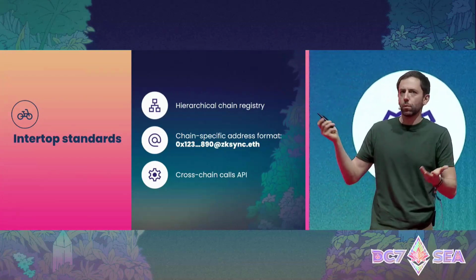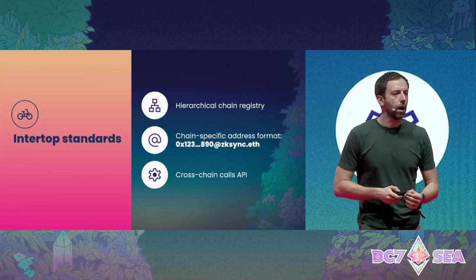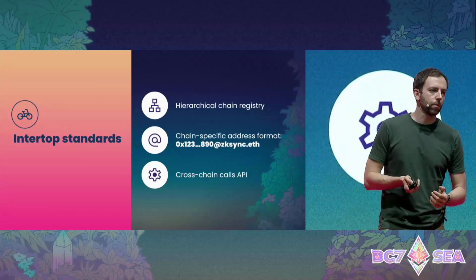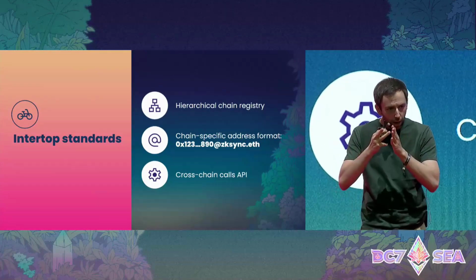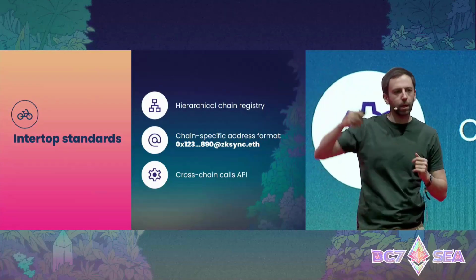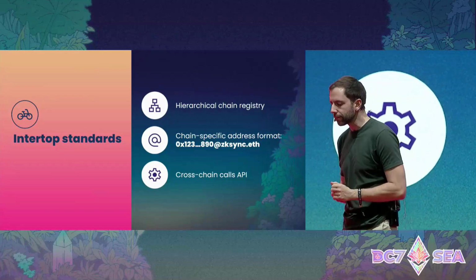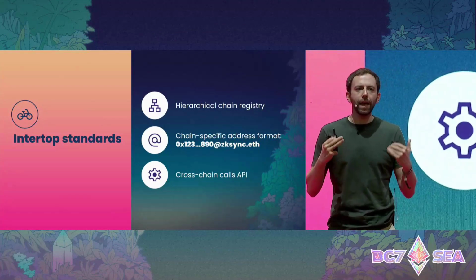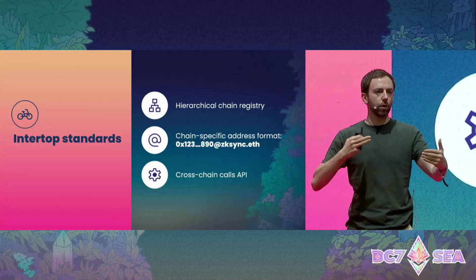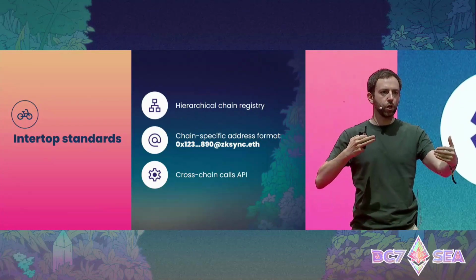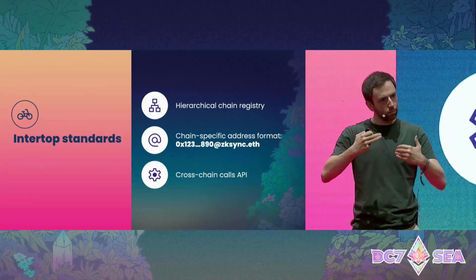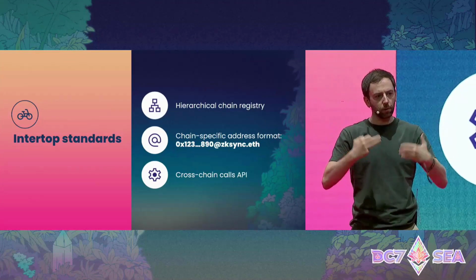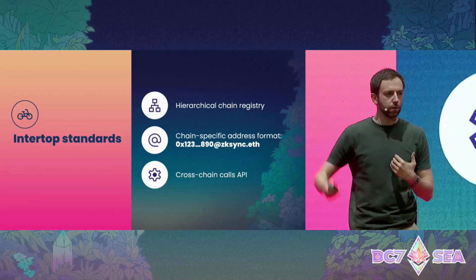So again, we can borrow some ideas from the internet, do something that is very intuitive, very easy to understand, and is fully permissionless, tying into the chain ID registry and so on. And then we can define the APIs of how the contracts on different chains can interact with each other, not because we can do it today immediately, but because it's a lot easier to commit to something and then build towards this future.